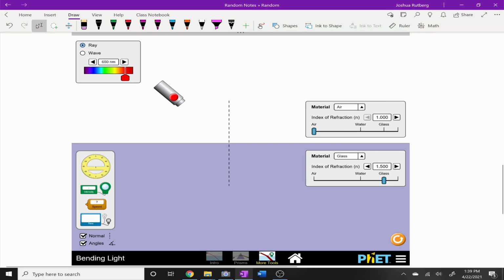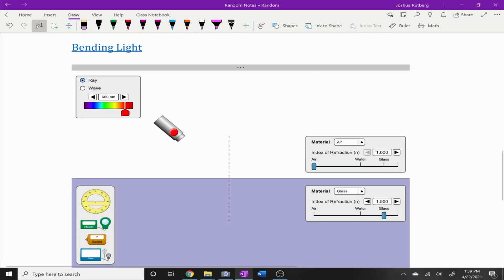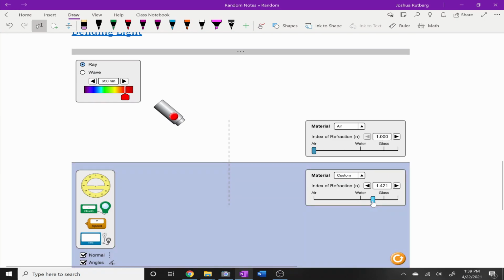We're going from air, and then I found 1.22, so I'm going to set my index of refraction to 1.22. There we go.